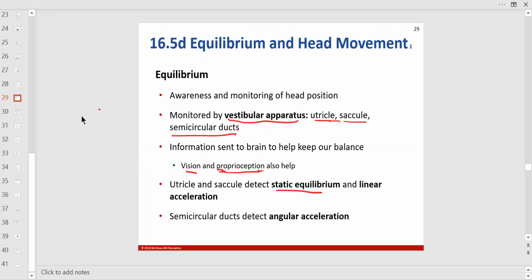So static equilibrium involves the vestibule and the saccule and the utricle. And you should be able to point those out. It's not difficult. And that's linear. That's more elevator, up and down equilibrium, like at Disney World or wherever you go, Six Flags for the Tower of Terror.